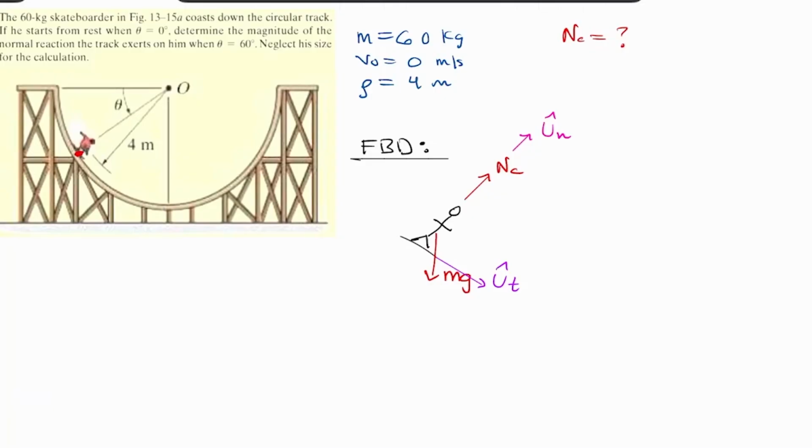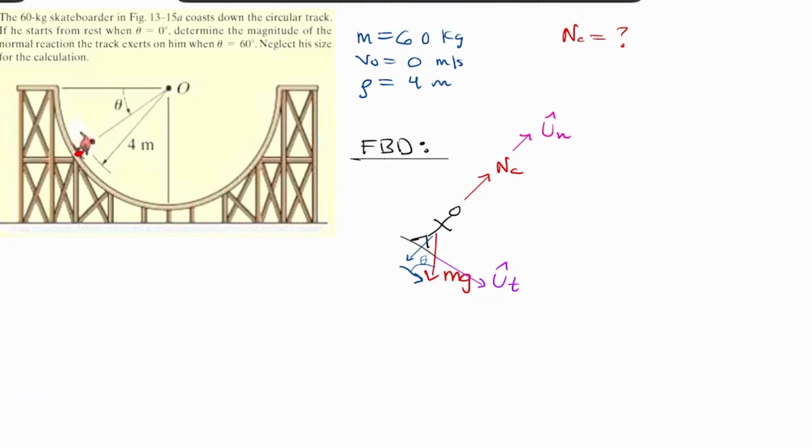The weight will have a component going this direction and a component going in that direction as well, where the angle of 60 will be here.